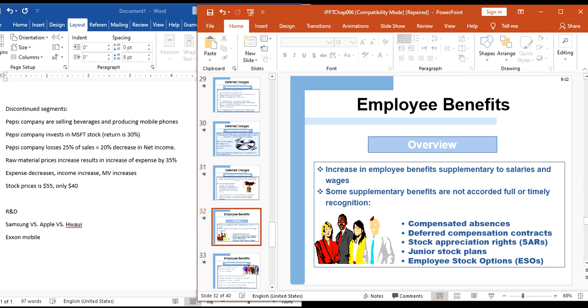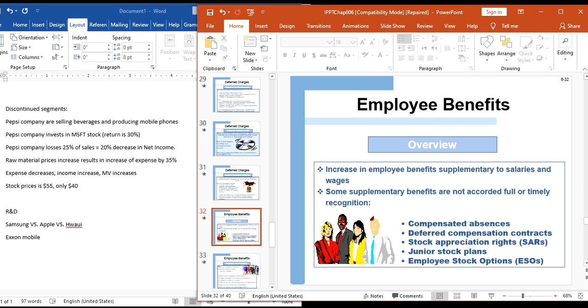Employee benefits. Okay, so here are some, let's say, costs and expenses on the company, but the occurrence time is not sure, so those will be recorded when they occur.